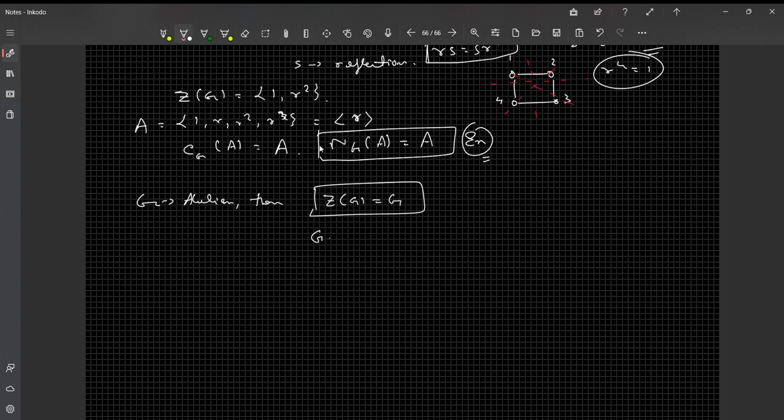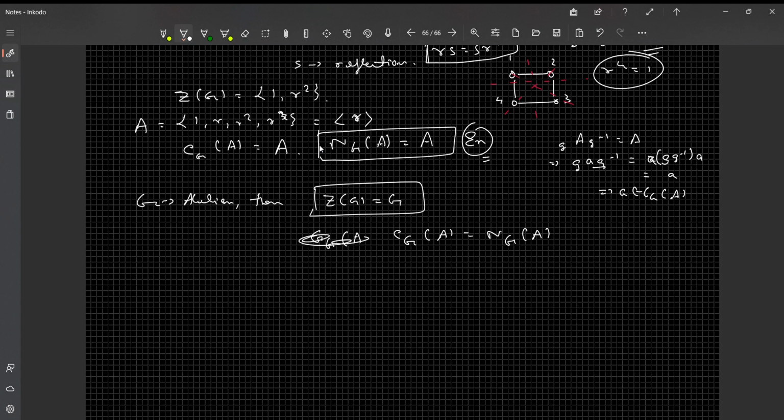Centralizer of any subset A must be the same as normalizer of any subset A. Because in this case, g a g inverse equal to A will obviously imply g a g inverse equal to a, because you can commute a and g inverse. So if you commute a and g inverse, g and g inverse gives you 1, so this must be equal to A, right? So that means A must be in the centralizer as well.